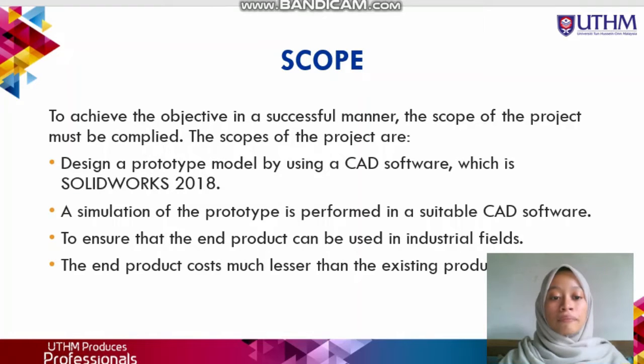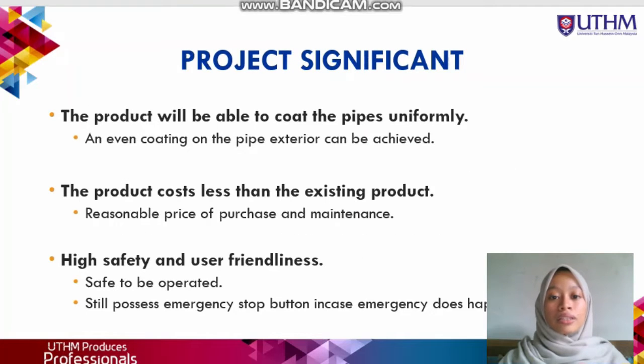The scope are: design a prototype using a CAD software, which is SolidWorks 2018. A simulation of the prototype is formed to ensure that the end product can be used in industrial fields. The end product costs much less than the existing product. And the product significance, the product will be able to coat the pipes uniformly, and even coating of the pipe exterior can be achieved.